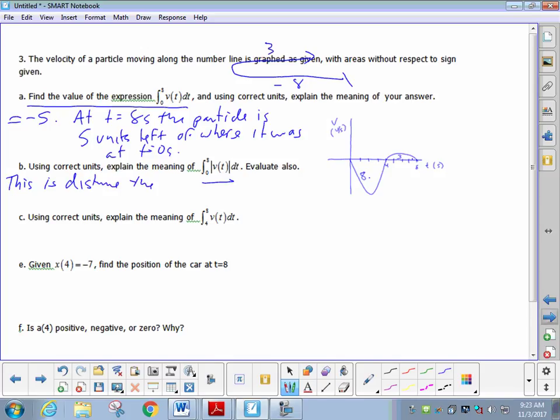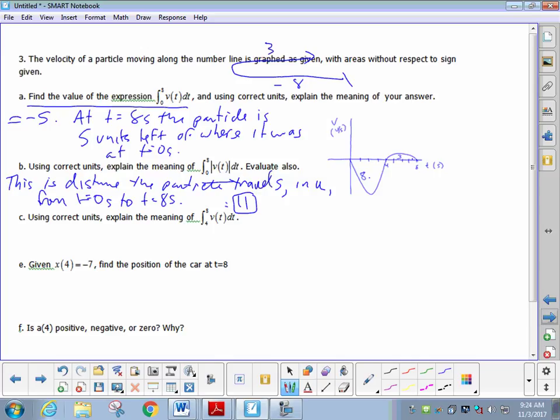The particle travels units in units from time 0 seconds to time 8 seconds. The evaluation of that is it 5, negative 5, or 11? 11. Okay, absolute value takes care of the negative. Makes it positive, so it's 8 plus 3.